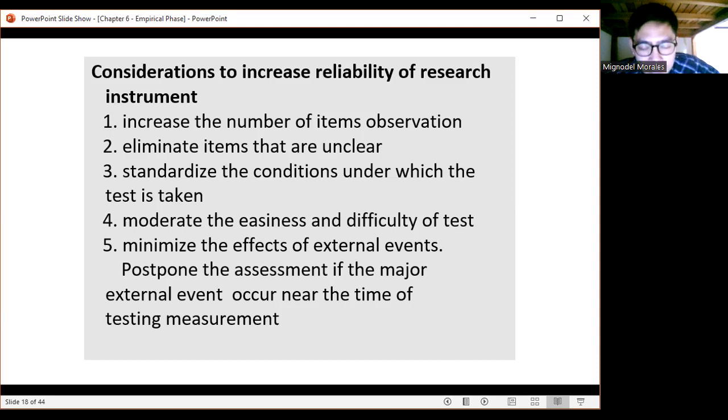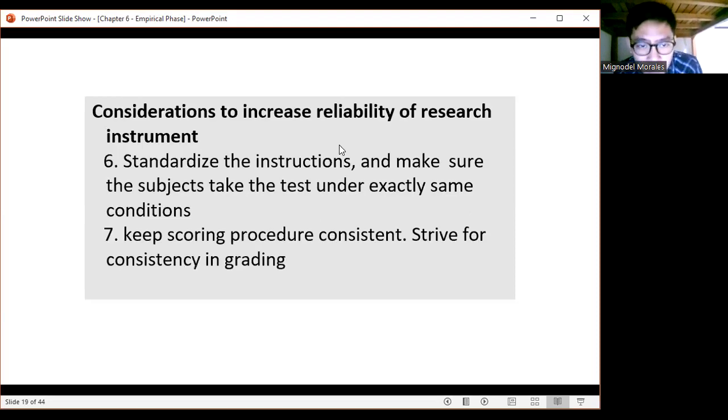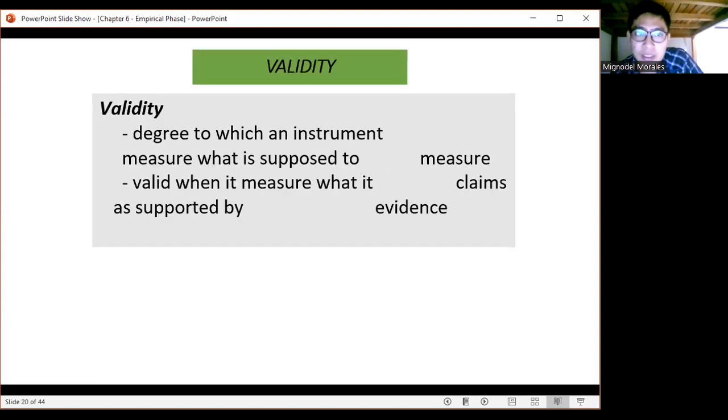So probably you may reschedule that because this may affect his or her answer. Okay? So you must be sensitive to those factors. Okay? Standardize the instruction. Keep the scoring procedure consistent. So if you use these rubrics, if you use this Likert scale, it is constant across all of the respondents or all of the samples.